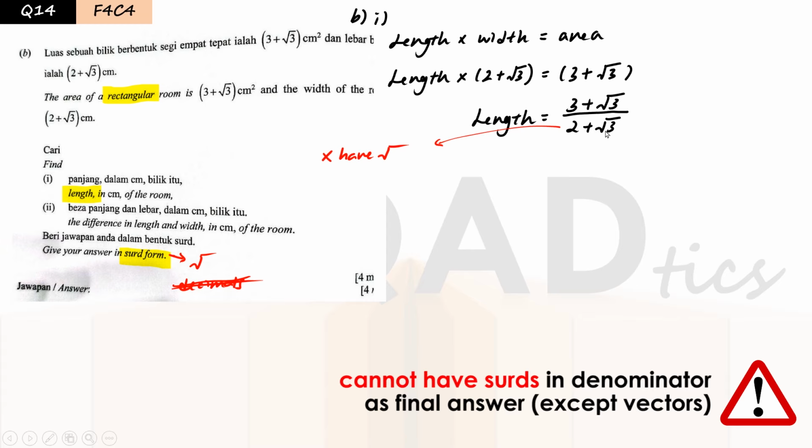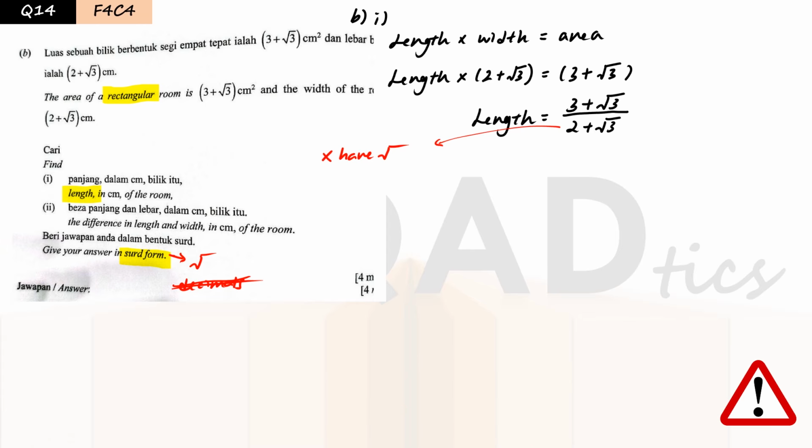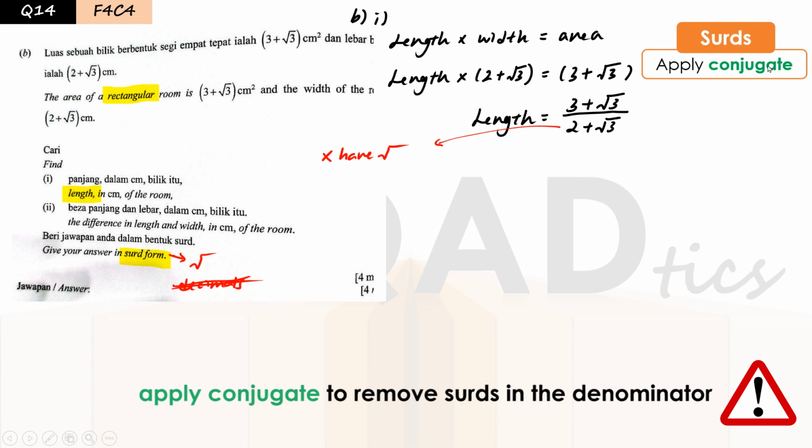So how are we going to solve this? The main technique to solve surds is to apply its conjugate. Conjugate means the opposite version of the surd. Because in the denominator we cannot have a square root, by applying its conjugate we can help to remove that square root or the surd.